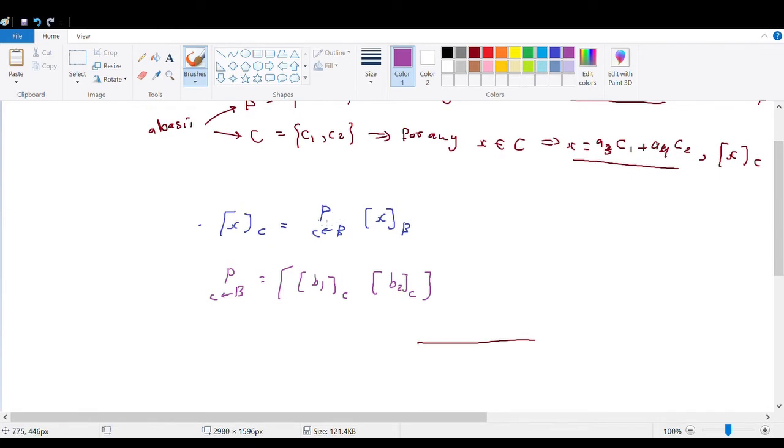Since this one is formed from this one, the columns of the change of coordinate matrix are linearly independent, so that means this one is invertible.